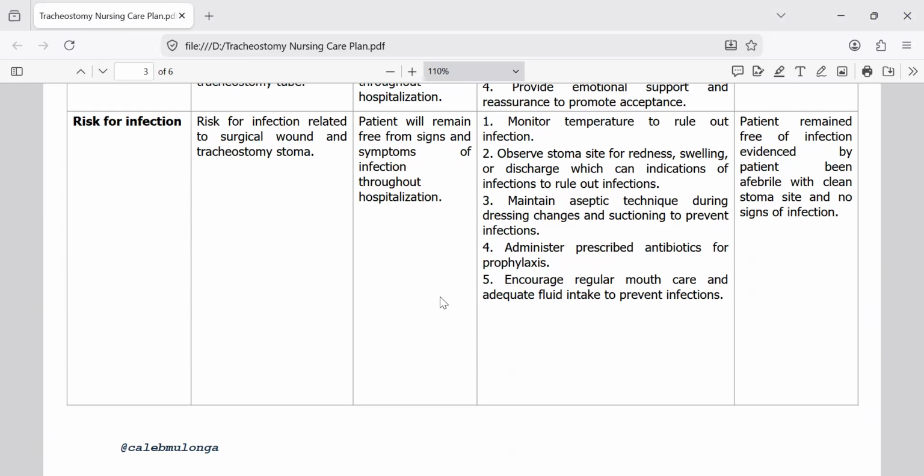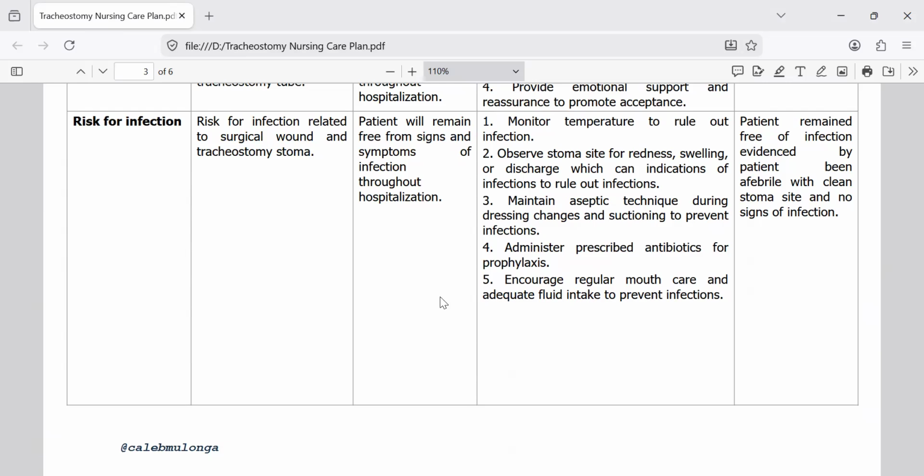We have to monitor for infection, because infection can be signaled by a rise in temperature, fever basically. Number 2, I will observe the stoma site for swelling, redness, or discharge, which can indicate infection. So this is done to rule out infection.